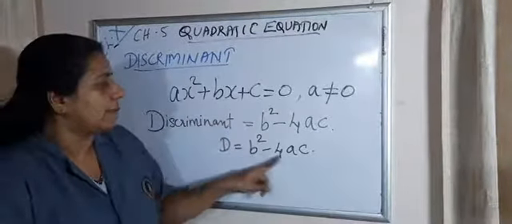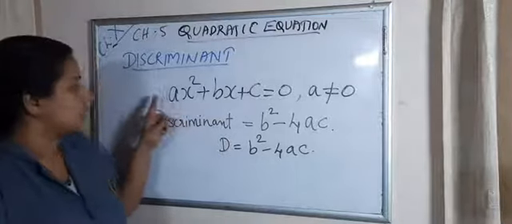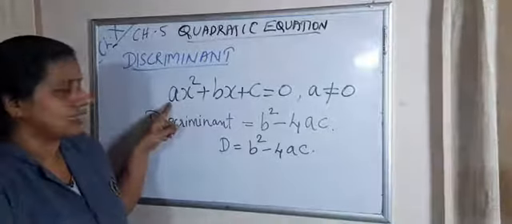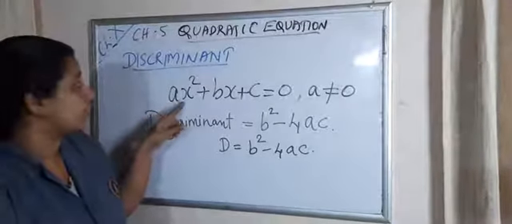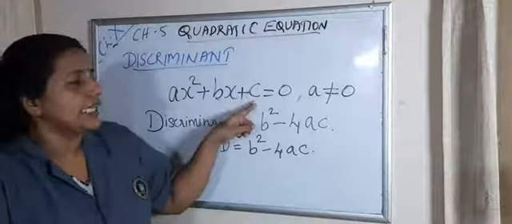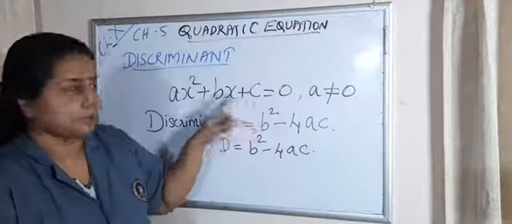Then 4 into the product of the first coefficient, that is the coefficient of x², a, into the constant term, that is c.